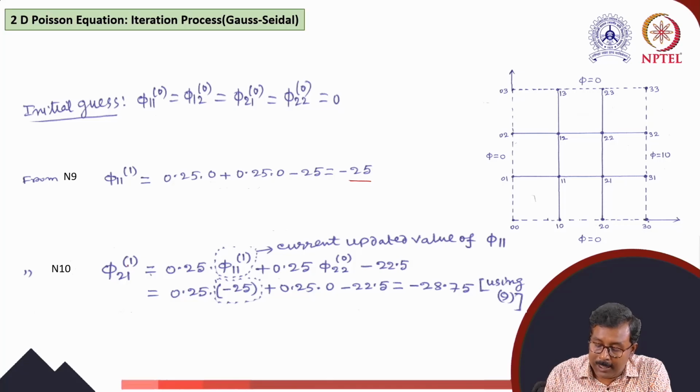But here, in the first iteration itself, you can use phi 1 1 of the first iteration itself. That is the difference, the in-place update, whereas in Jacobi it was phi 1 1 0, in the Jacobi method of updating.